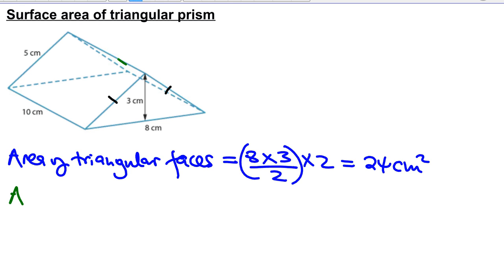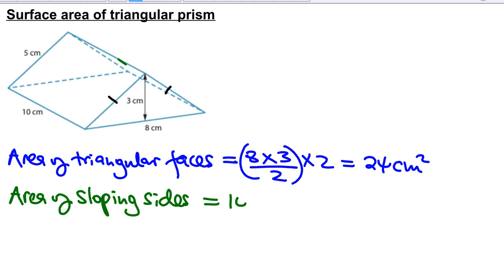So area of sloping sides will be 5 multiplied by 10 multiplied by 2. And that will give me 100 centimeters squared.